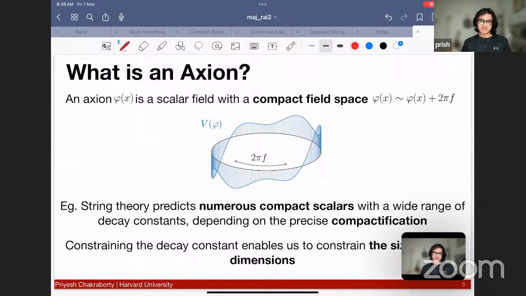An axion is just the field theoretic version of a particle on a circle. It's a compact scalar field. It takes values inside a circle at each point in space. And the circumference of the circle is parameterized by what's commonly called the decay constant, F, for historical reasons. But really what F tells you about is the circumference of the field space of this axion.